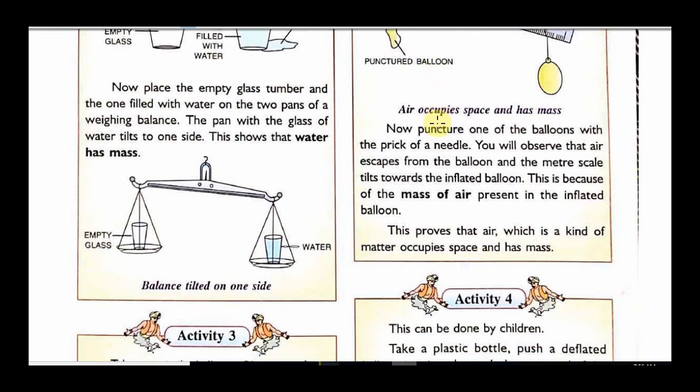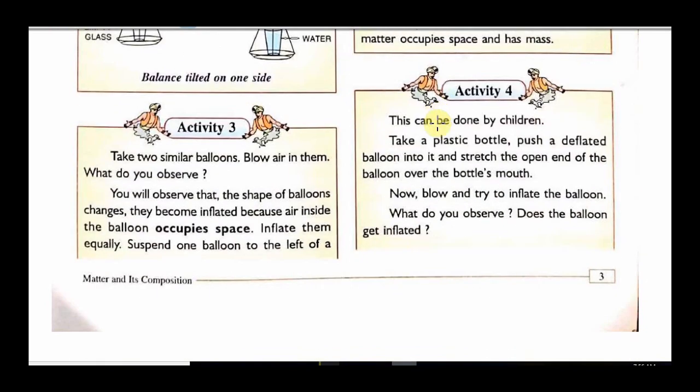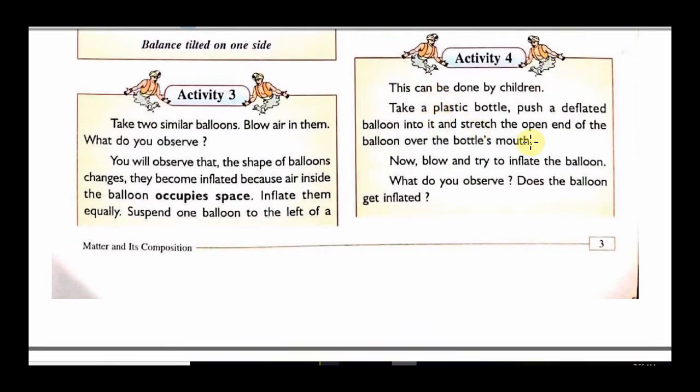Students, we will go to activity number 4. Take a plastic bottle, push a deflated balloon into it and stretch the open end of the balloon over the bottle's neck. Now blow and try to inflate the balloon. What do you observe?